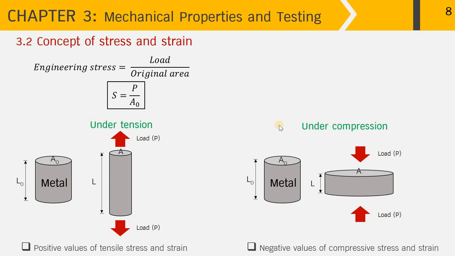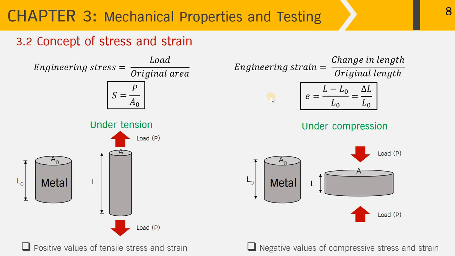But then if we talk about the concept of strain, the engineering strain equals change in length divided by original length, or you can see as in the formula here, e equals L minus L0 divided by L0, or delta L divided by L0.